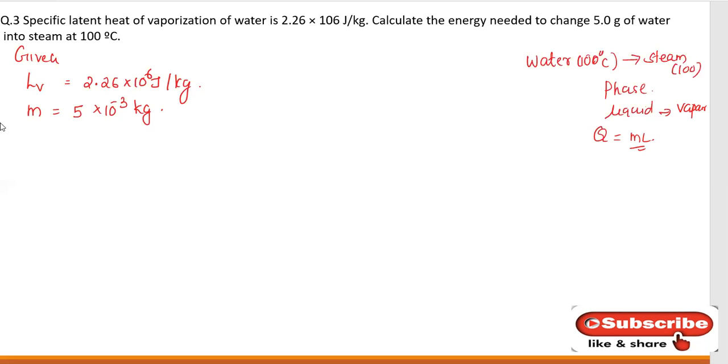To calculate the energy needed to change water into steam, we use the formula Q is equal to m L, where L is the latent heat of vaporization.